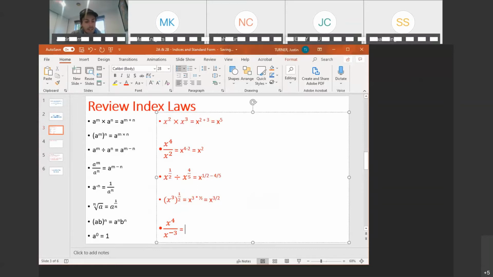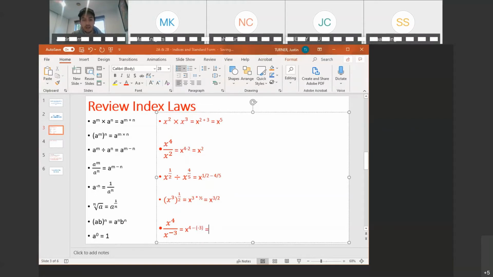Now this one may be something you haven't seen before, where we look at negative powers, but essentially we're just going to use the exact same rules. Because we've got it as a fraction, we just think of it in the same way. So we're going to have x to the 4, and then we need to subtract the power that's on the bottom. So what we're doing is subtracting a negative number. And I know we've definitely subtracted negative numbers before.